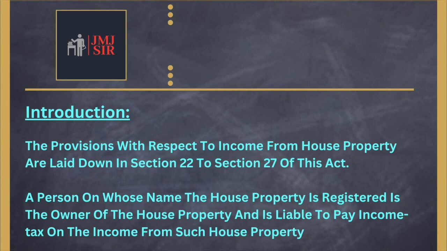An individual or a person on whose name the property is registered is the owner of the house property, and he is liable to pay the income tax from such a house property.